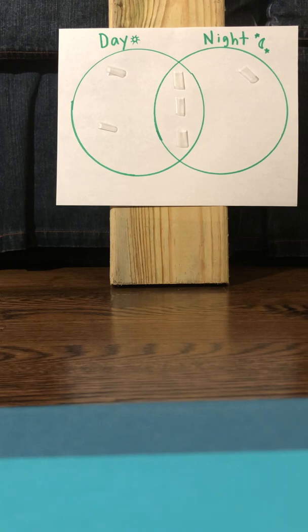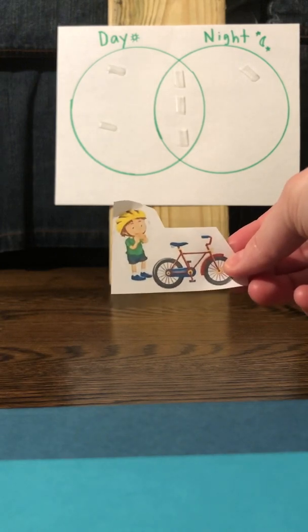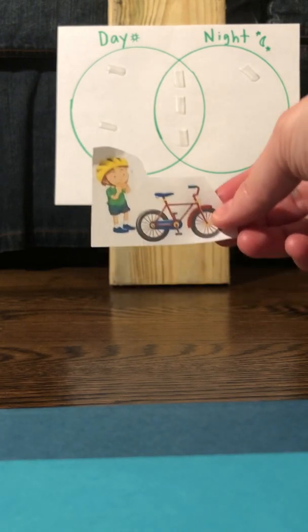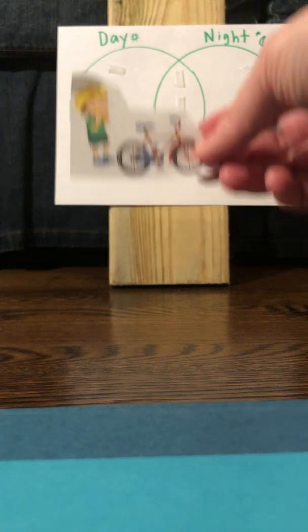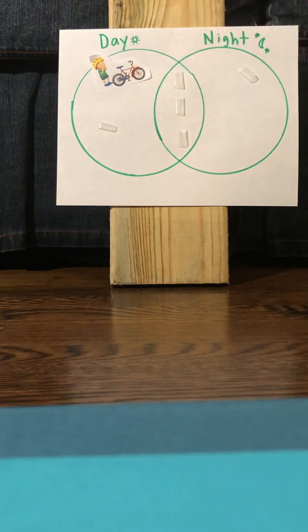Something that I like to do during the day is ride my bike. If you like to ride your bike during the day too, give me a thumbs up. So I'm going to put my bike on the day side of my Venn diagram because I don't think it's safe to ride my bike at night. Do you think it's safe?